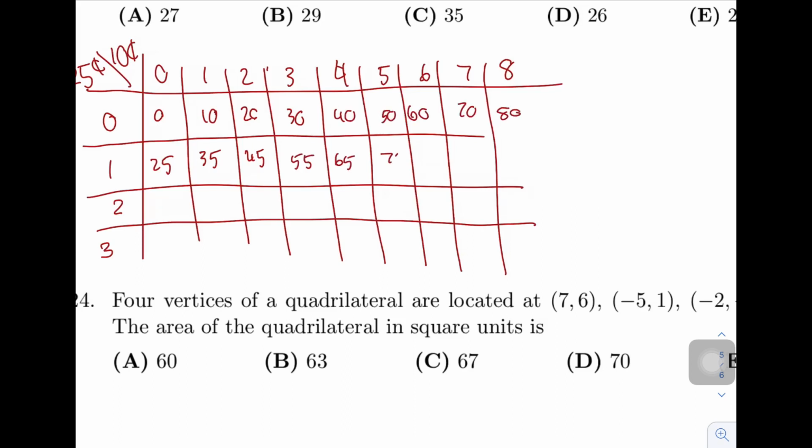So for this chart, on the horizontal row, I have the number of 10-cent coins, and then on the vertical row, I have the number of 25-cent coins.